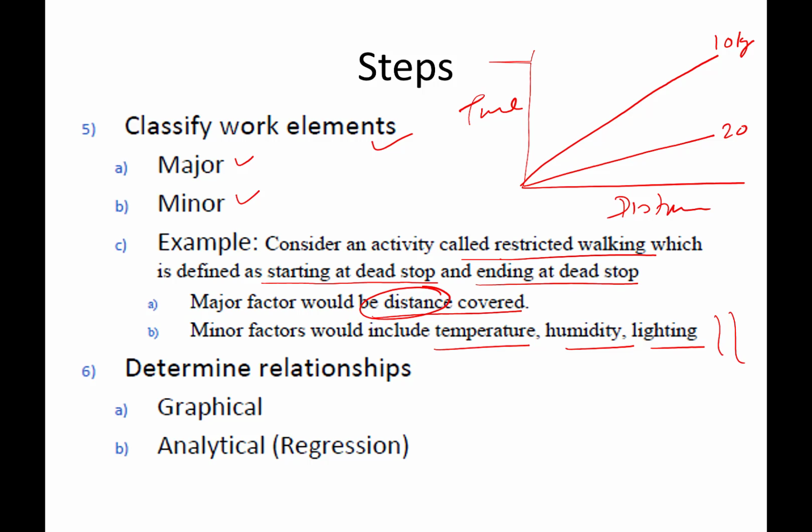For 2 kg this is, and with 30 kg this is the kind of trend. So it takes a long time to cover the shorter distances. In the different working conditions, the time required may be different. The point here is that the major factor affecting the time is the distance.